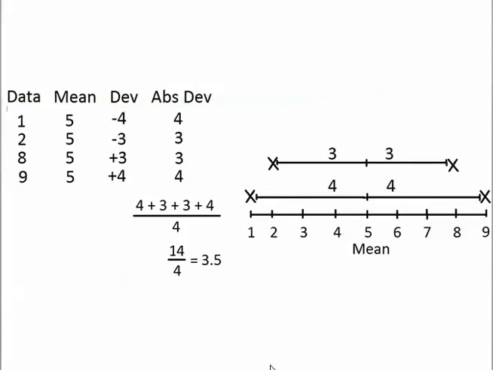Here, if our absolute deviations go up to 3, 3, and 4, 4, then the MAD will be even higher. So basically, as the data values get more spread out, the absolute deviations get bigger, and that causes the MAD to increase. The fact that the absolute deviations are getting bigger is what's causing the MAD to increase.